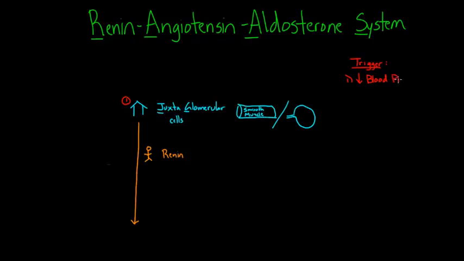Very good. Now, that's not the only trigger. There are actually 3 triggers in total. So let me write out 2 and 3, and let's go through what they are. The second trigger is a neighboring cell. This neighboring cell is a sympathetic nerve cell. And we know that sympathetic nerve cells fire whenever something big is going on.